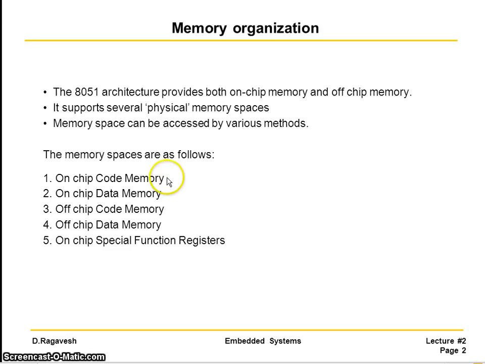Now the 8051 has both on-chip and off-chip memory options. That means if you look for an external memory, it is possible, and if you are happy with the internal memory, it is also possible to use. Of course there are different mechanisms given in the data sheet.